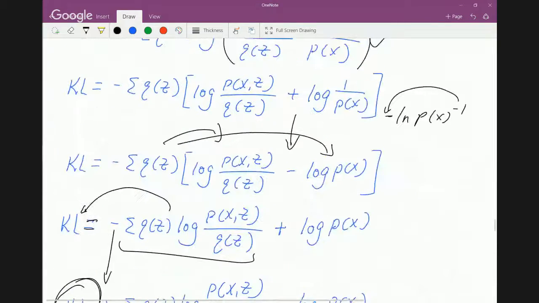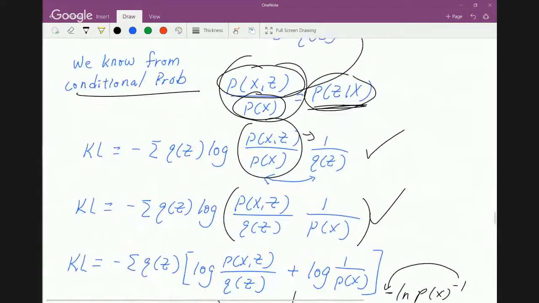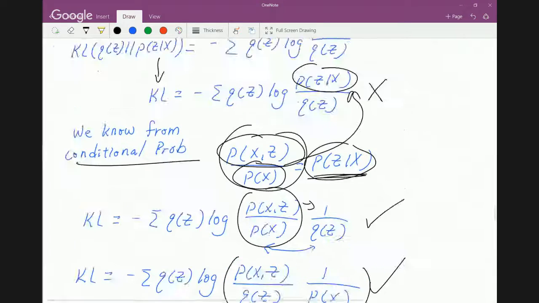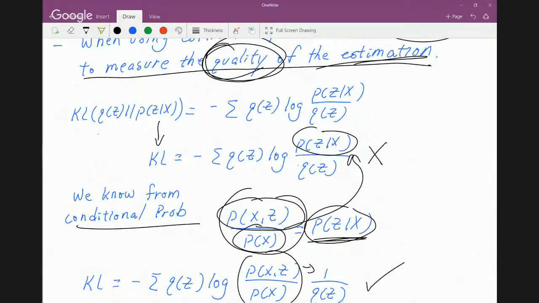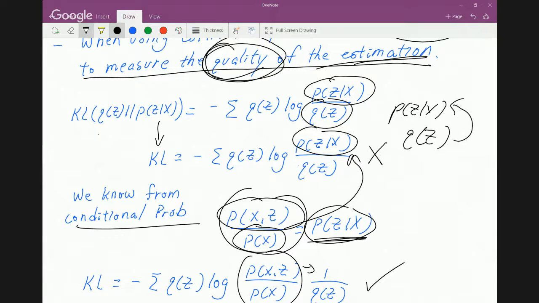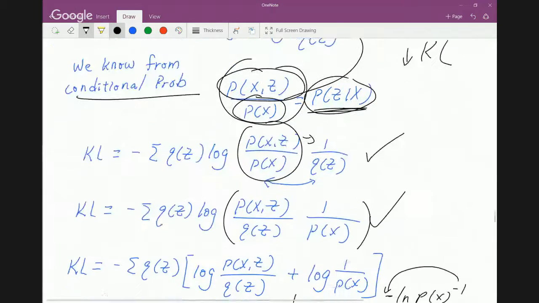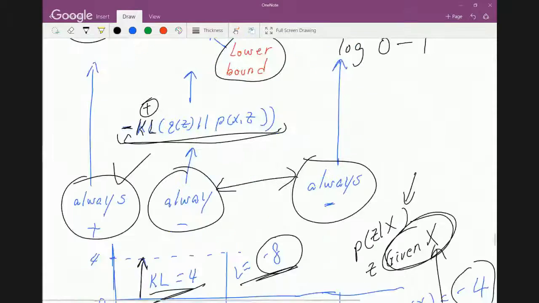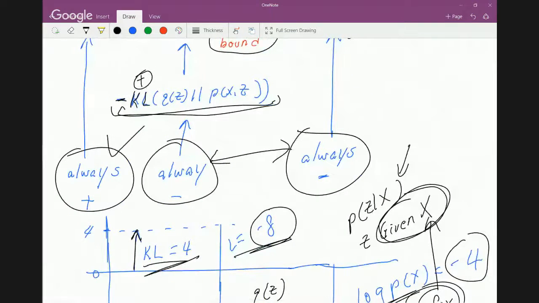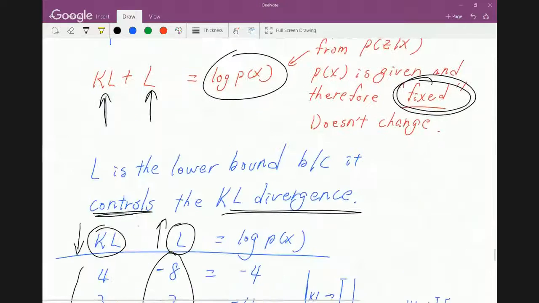Here it is. It was the KL divergence between P of z given x and Q of z. So we're using Q to estimate P. So the smaller the KL divergence, the closer the estimation.